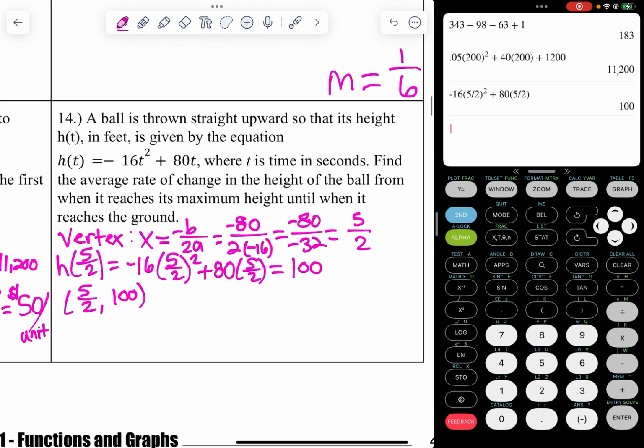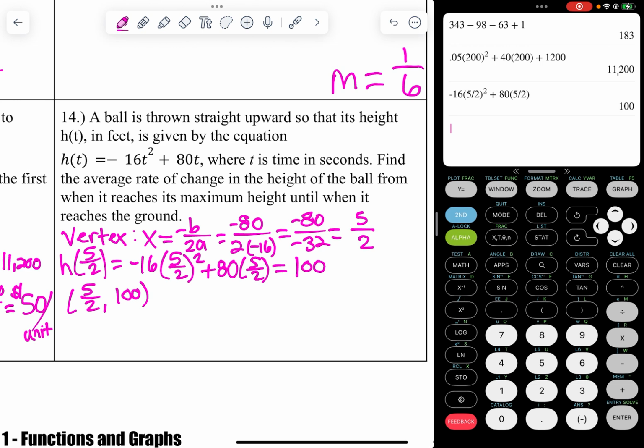The second thing they talk about is when it reaches the ground. So that would be an x-intercept. So to find x-intercepts, we replace the h of t or the y with 0. This one is factorable. It has the GCF of 16t. And I'm going to take out negative 16t actually to keep that leading coefficient positive. So it factors like this.